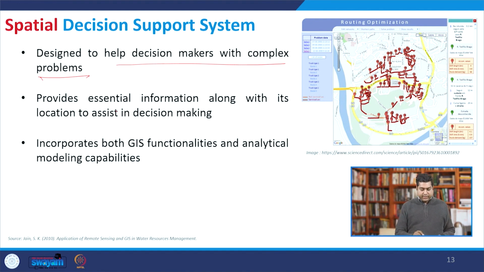It also provides essential information along with its location to assist the decision making, because that is very important. It also incorporates both GIS functionalities and analytical modeling capabilities to come up with that decision. So the decision support system is another beautiful application of this spatial analysis.